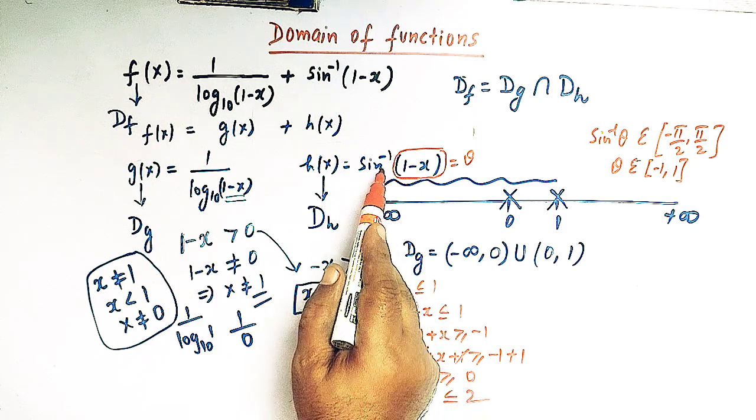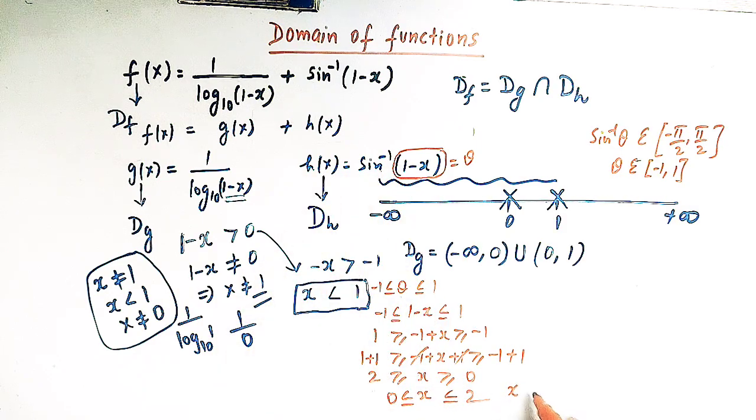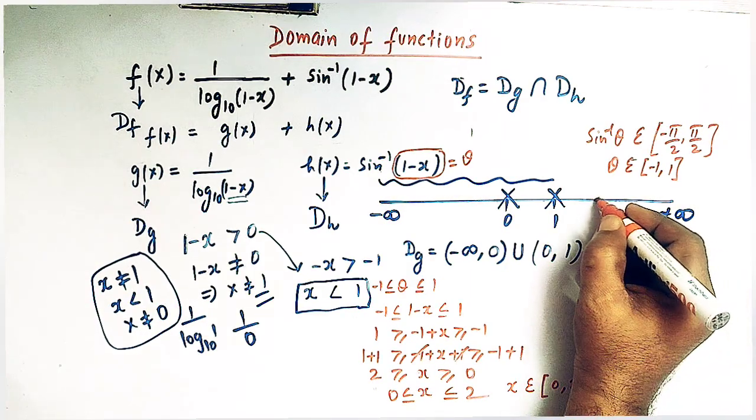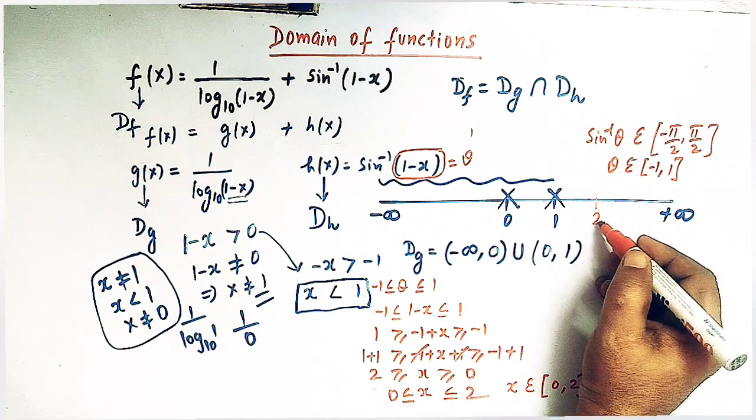So the domain of this function h of x is given by x belonging to the closed interval 0 comma 2. So here 0 and 2 both are included. So let us now represent this domain on the real number line. So now here we have 2, and 2 is included, right?